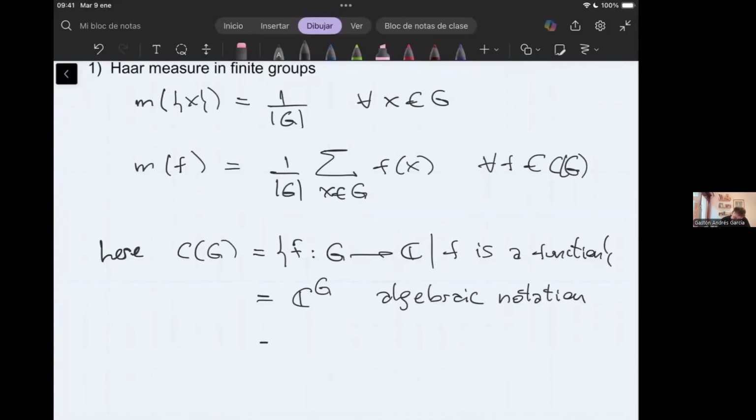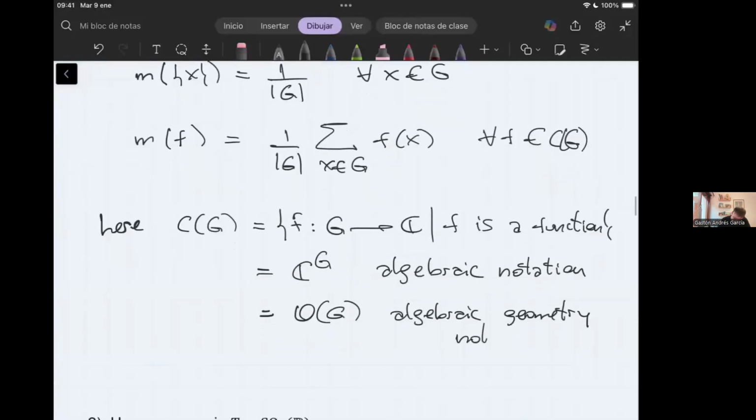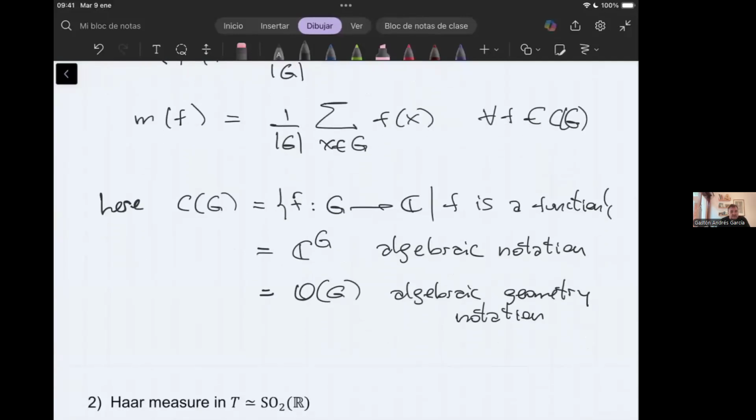Or in algebraic geometry, they will call it O of G. So this is the Haar measure of a finite group.